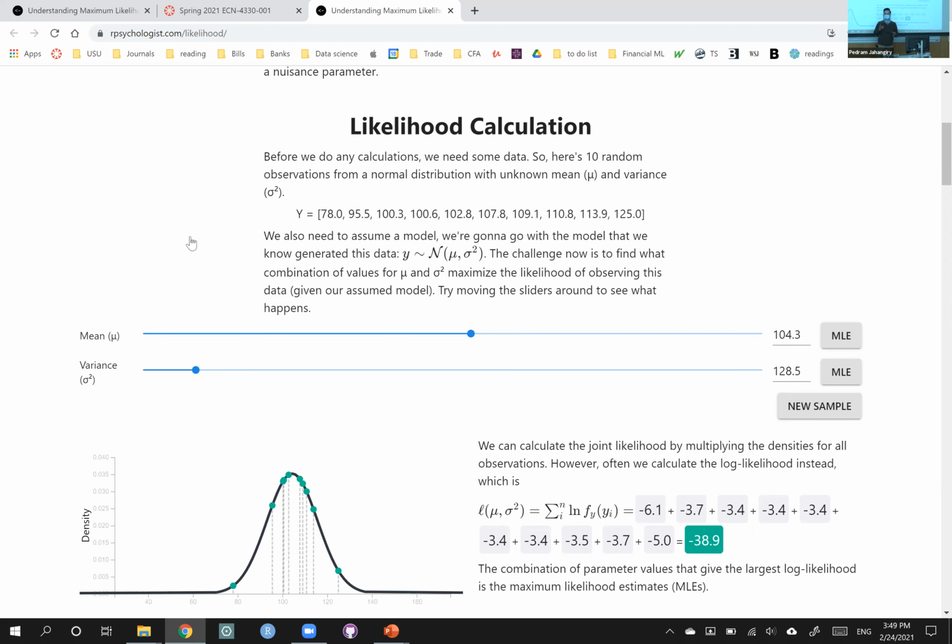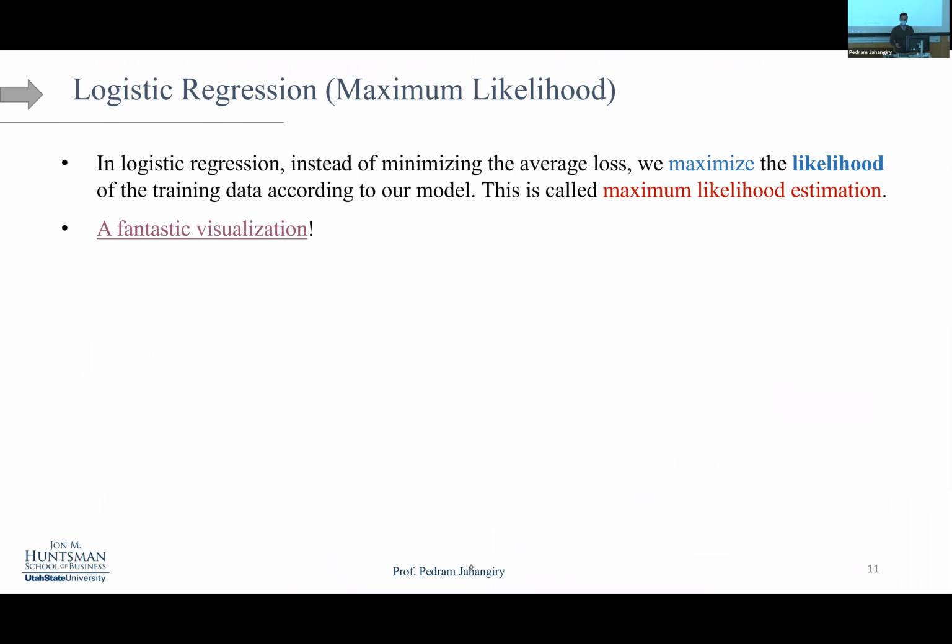You want to maximize the probability of observing the data, realizing the observations in the data, given the model parameters. In this case, the model parameters are two numbers, mu and variance. In logistic regression, what are those? B and W's. Does that make sense?